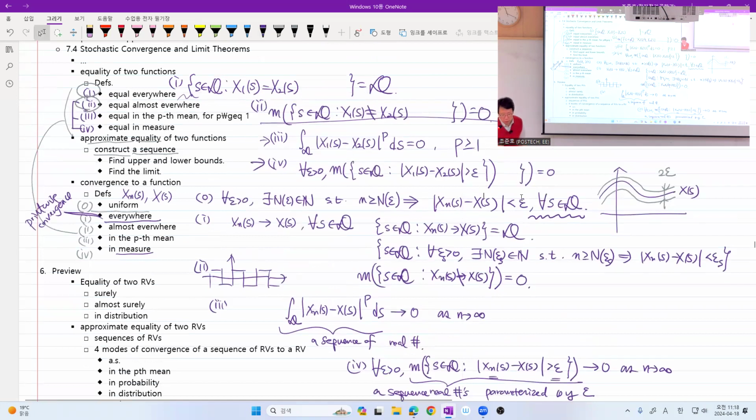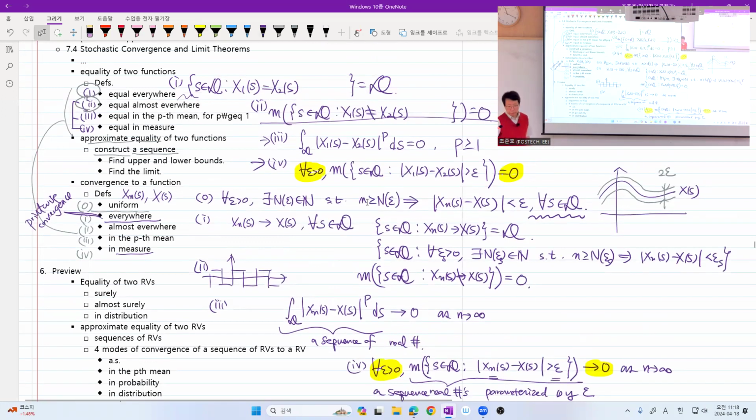Do you see the similarity here? For every epsilon positive equals 0. Here, for every epsilon positive, the sequence converges to 0. Got it? So we have defined the convergence in measure.